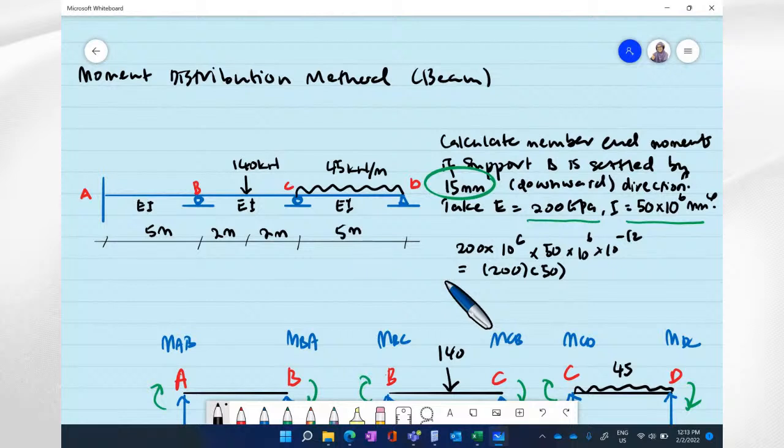Okay. So the question is how to calculate member end moment if support B is settled. So in addition to the support settlement, the beam itself has external loading. Member BC is subjected to 140 kN vertical load, located at the center of member BC.